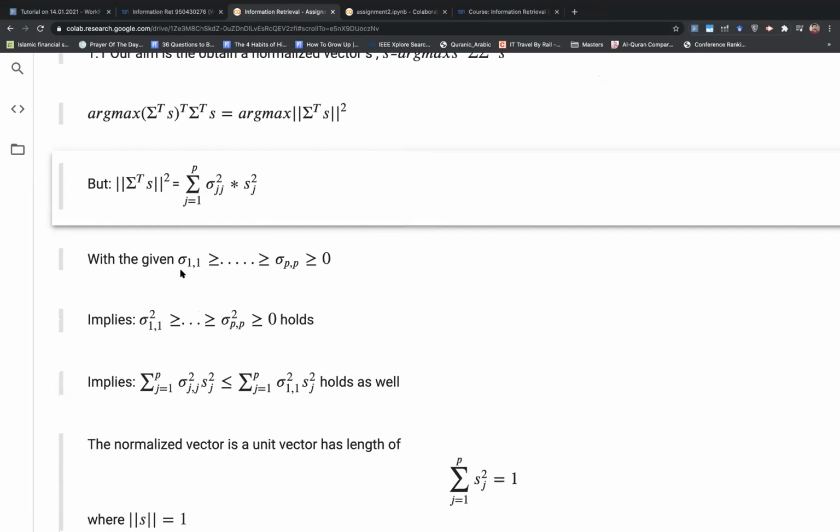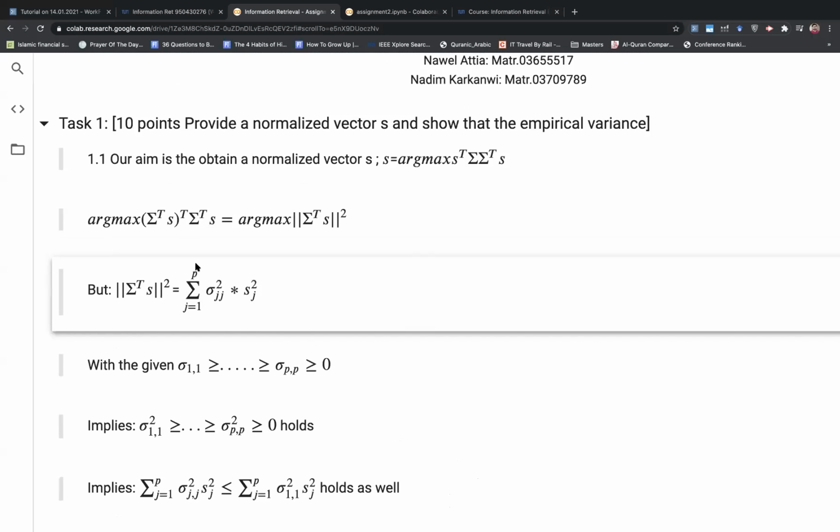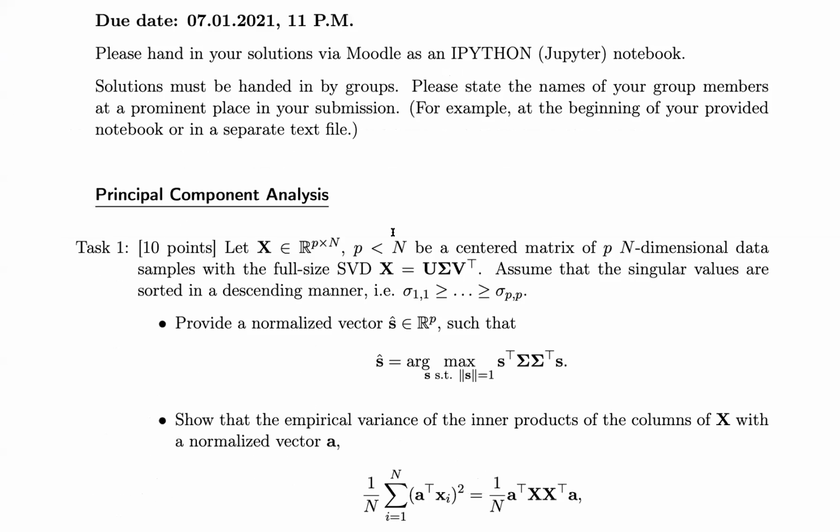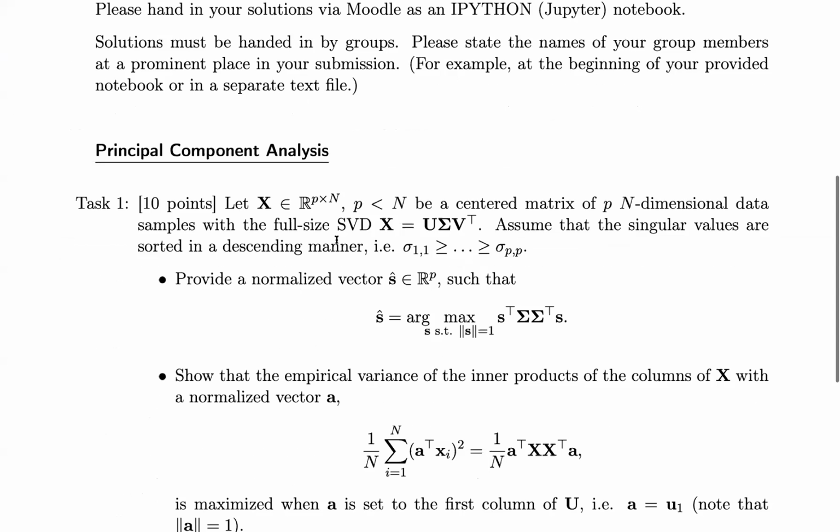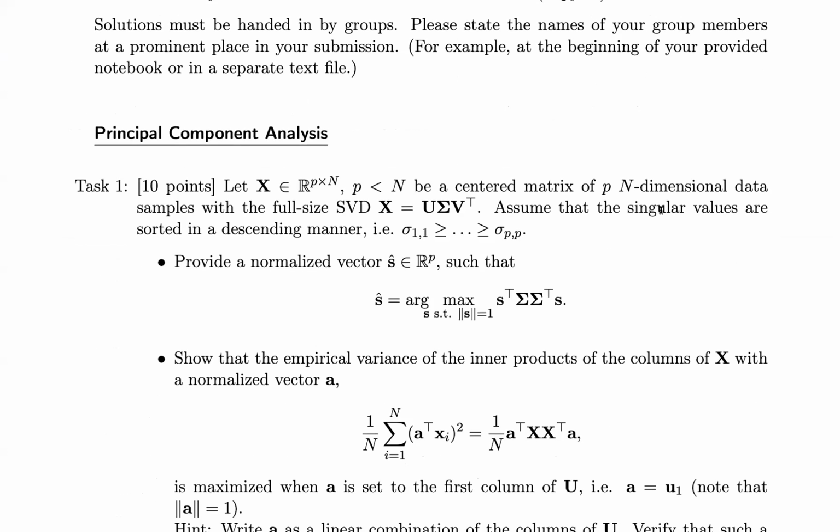With the given Sigma, as you already know, in the question it was already assumed that the singular values are sorted in a descending manner.